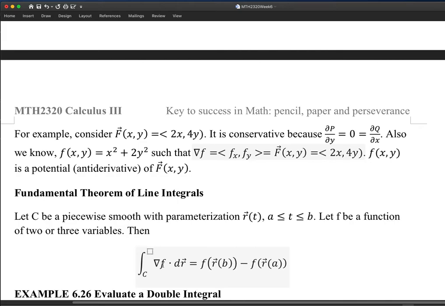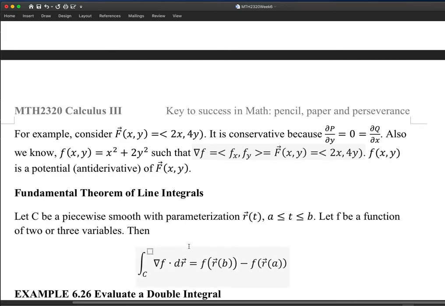What you need to do is work on the scalar valued function: evaluate it at the upper bound of the curve, t equals b, minus the same scalar valued function at the initial point, t equals a, taking the difference. This is the so-called fundamental theorem of line integrals.